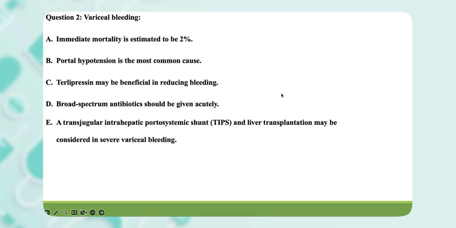Then portal hypertension is the commonest cause. Terlipressin may be beneficial, reducing bleeding. And broad spectrum antibiotic. Okay. So let's see what our computer says.